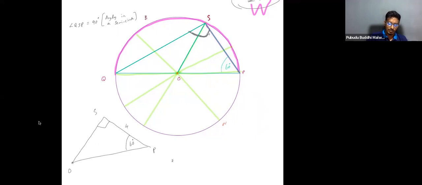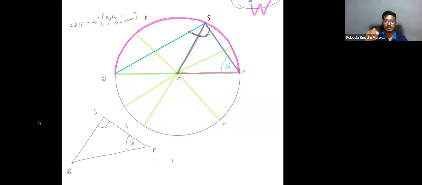And also, we found that OP is a radius, and OS is also a radius. Then what do you think? OP and OS both. Sorry, here one mistake. This is not O, this is point Q. Sorry, here this is point Q.